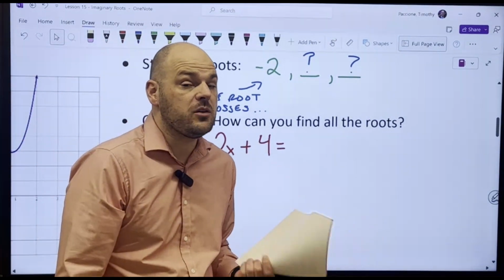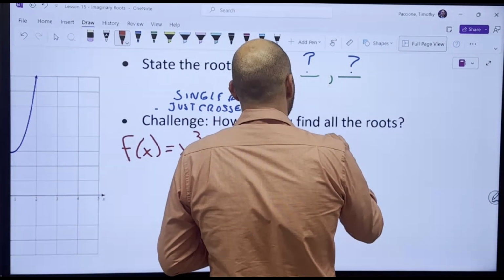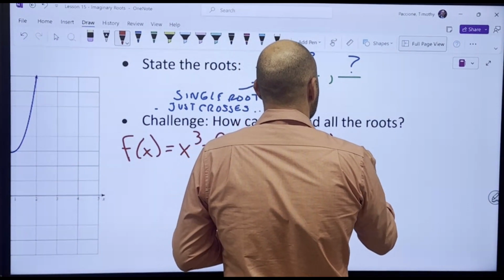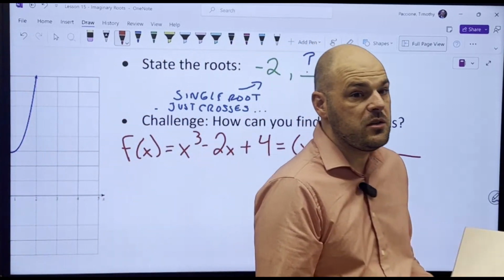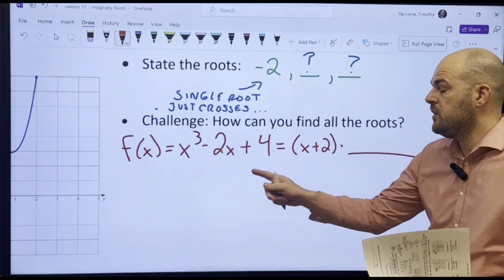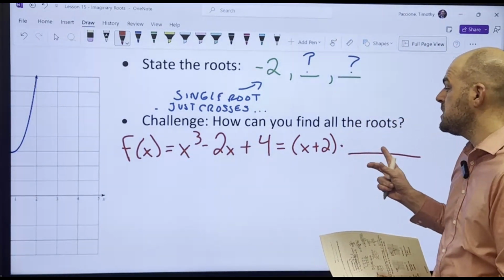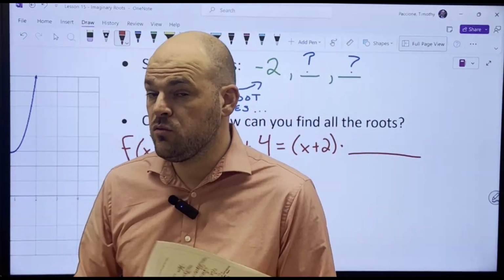So a factor is x plus 2. So this must equal x plus 2 times something. To find that something, we can divide. Just like if you divided 6 by 2, you'd get 3. If I divide this by this, I'll get whatever the rest of this is, and then I can see if I can continue to factor it.